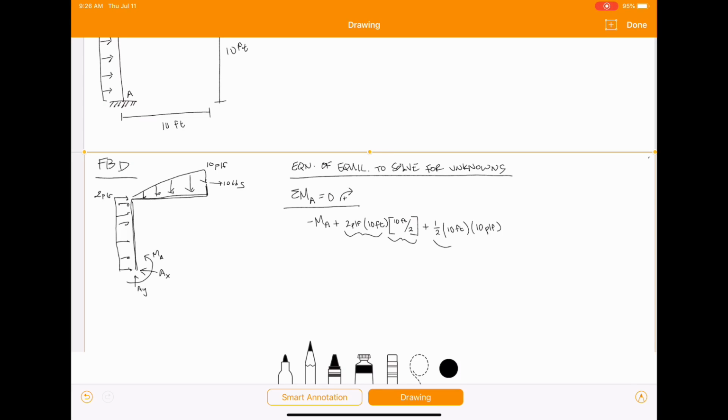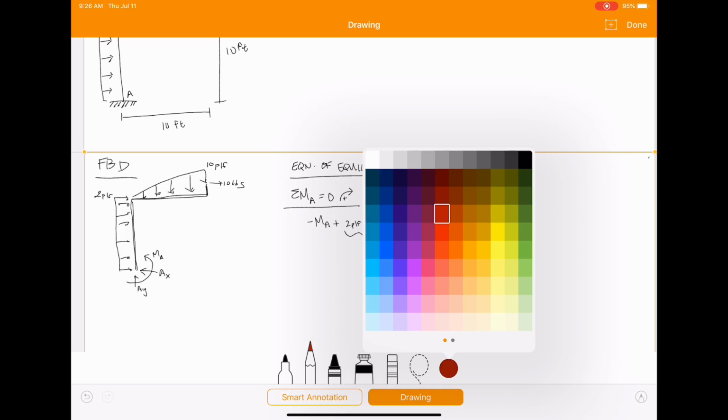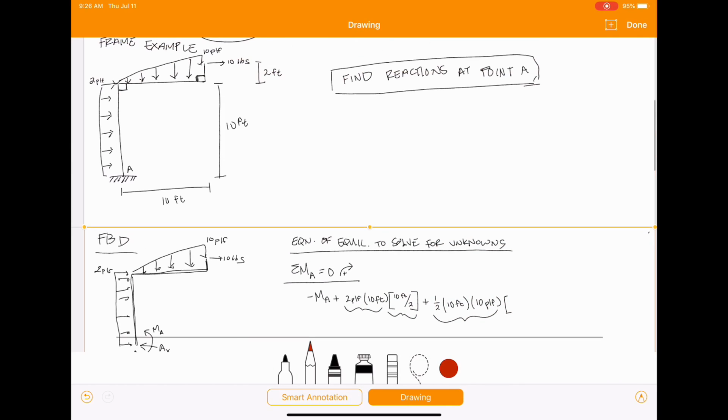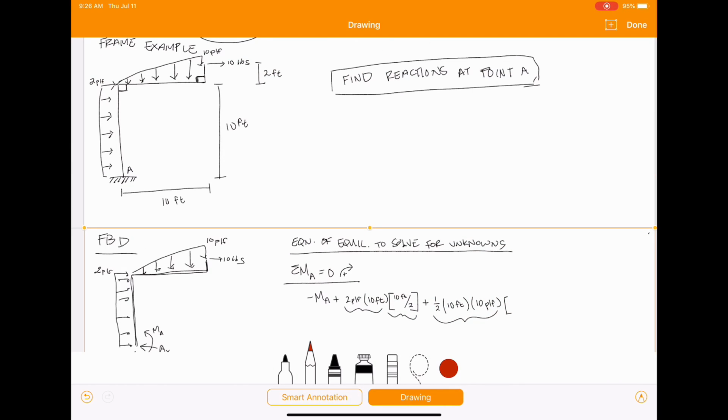Again, this is just the area of that triangle to get you a force. And then we need to multiply it by its moment arm, which is going to be the perpendicular distance from the point we're taking our moment about over to the centroid of that triangle.